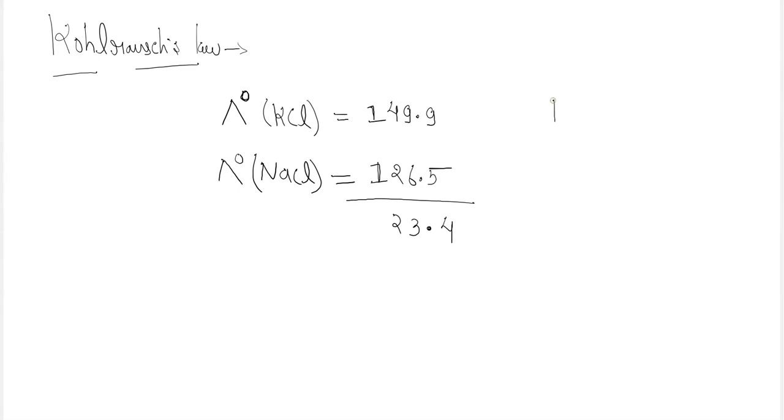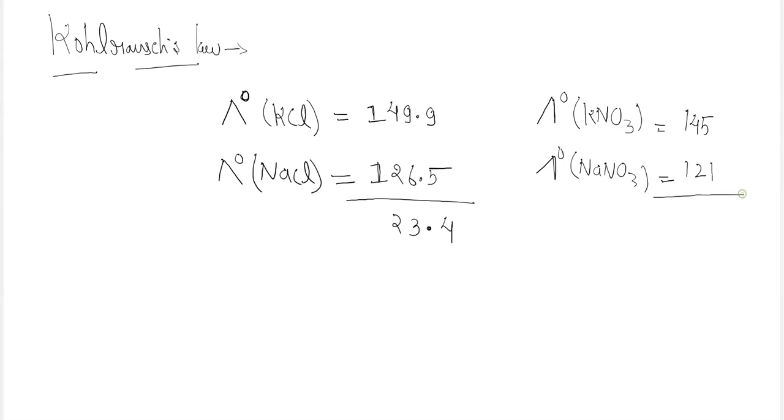Similarly, taking another example, the infinite dilution molar conductivity for KNO3 and NaNO3 is 145 and 121. Again the difference comes out to be 23.4.